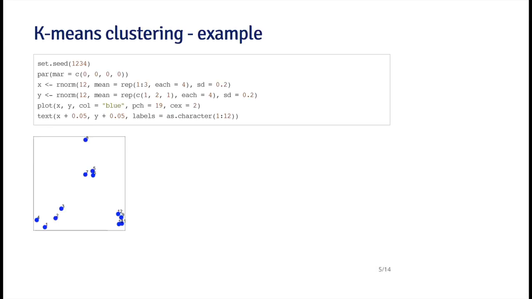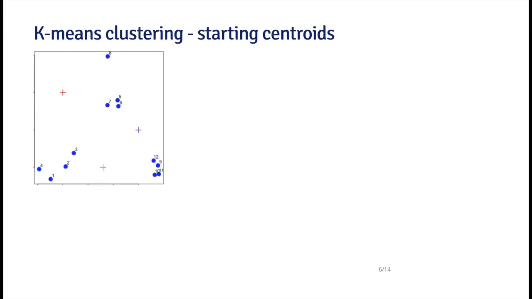When I plot the data, it's very obvious that there are 3 clusters. I put labels on each of the points. Here we see that the algorithm started, and I've just chosen 3 random points to be the centroids. There's a red plus, a purple plus, and an orange plus down at the bottom. Those are the random starting points for the centroids.